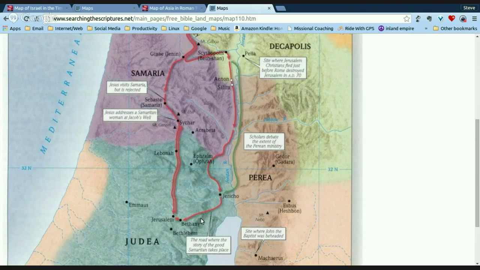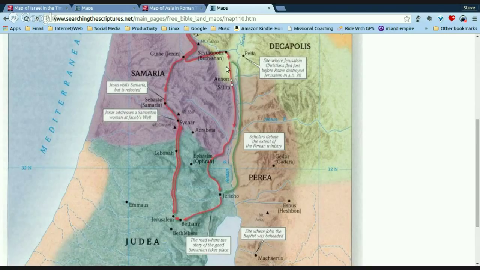It would be the same route where the story of the Good Samaritan takes place. But Jesus probably starts his ministry down here, the baptism of John, at the lowest place on earth. So he starts at the lowest place on earth.